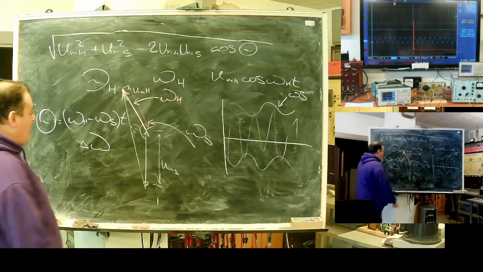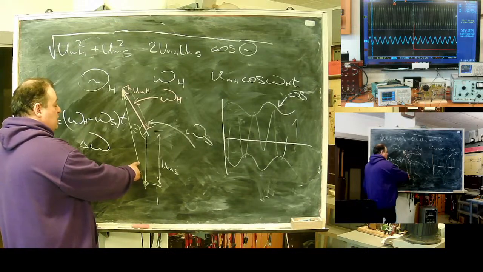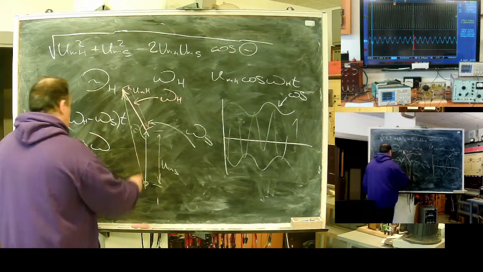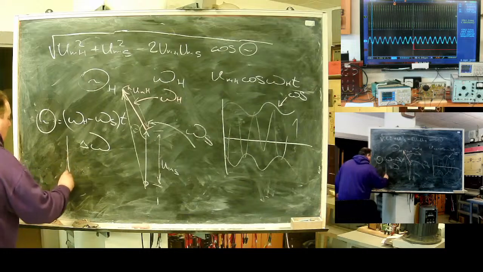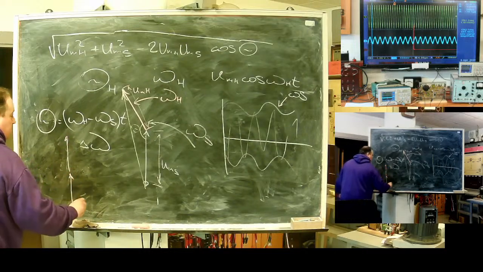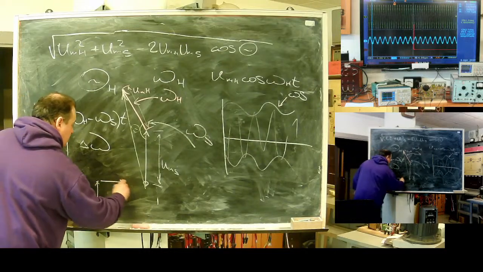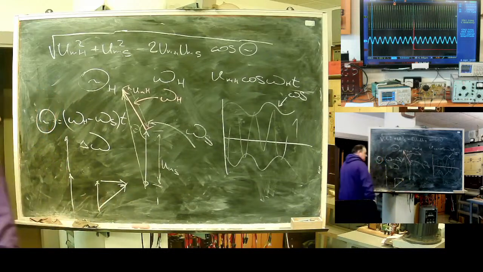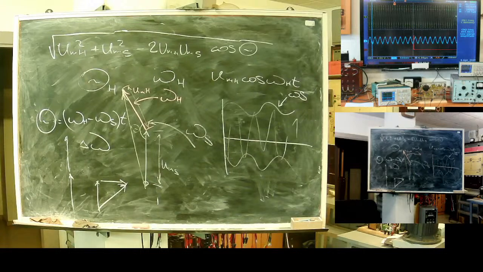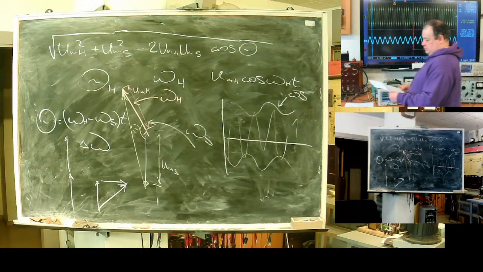But its angle also changes. The angle I can draw like this: one position this one, second position like this. It will change not only amplitude but also its angle.